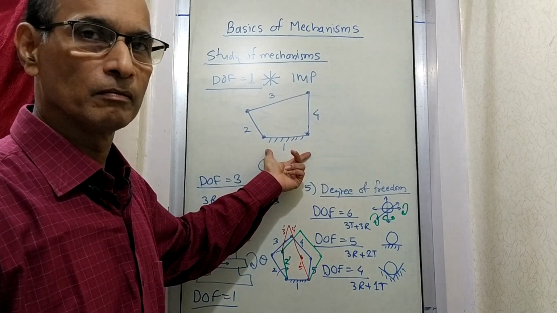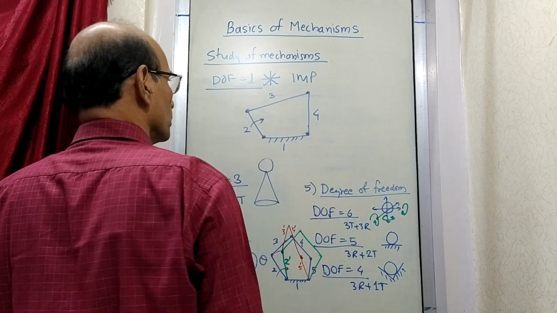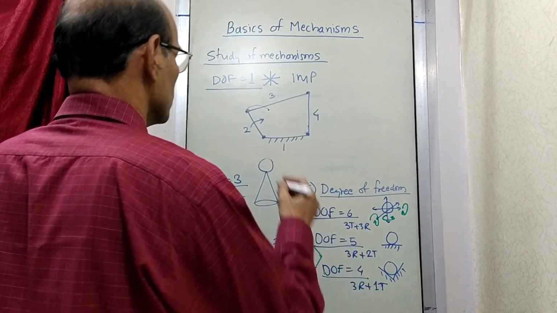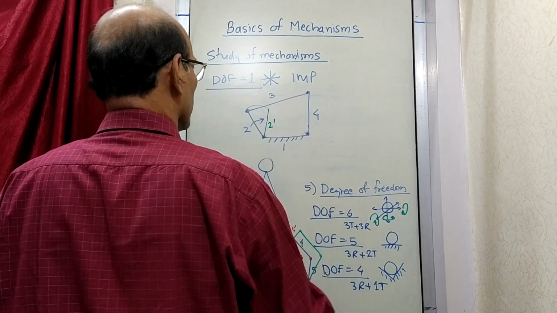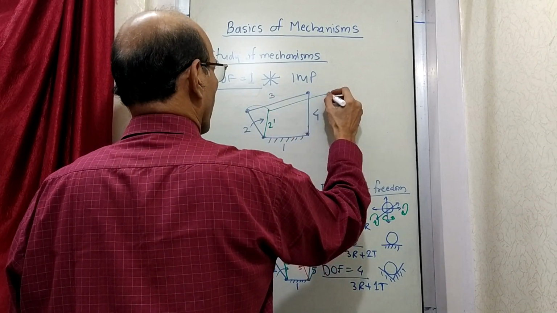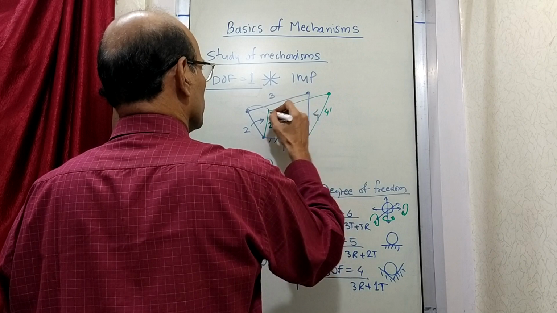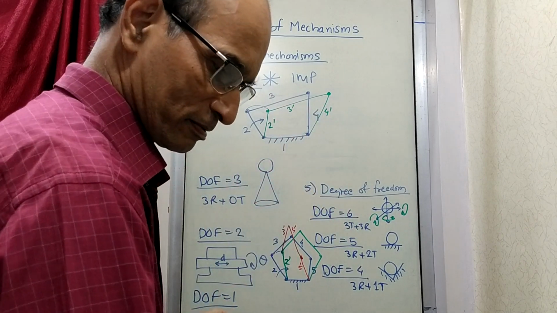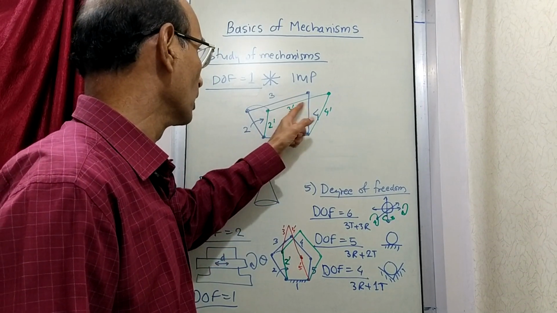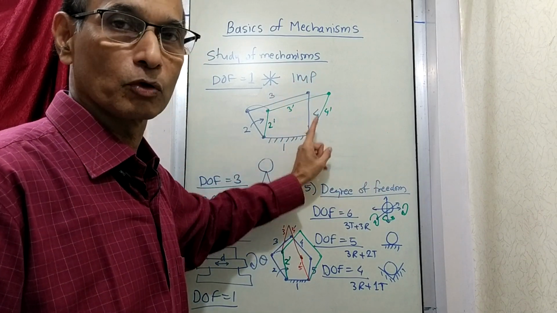One link is fixed, and in this case, suppose we impart rotation to link number 2 so that it will come somewhere here. Then link number 3 will go here and 4 will come here. This is the only place where it will go, nowhere else. So for a specific rotating motion of link number 2, 3 will come here and 4 will come here, only nowhere else. So only one solution, only one way, only one type of movement.